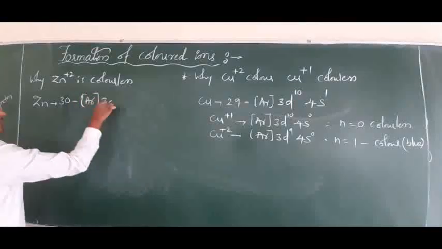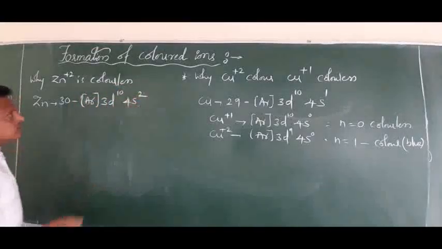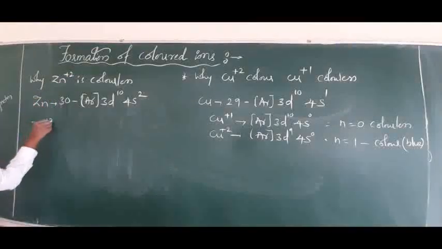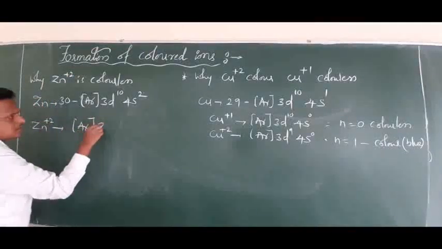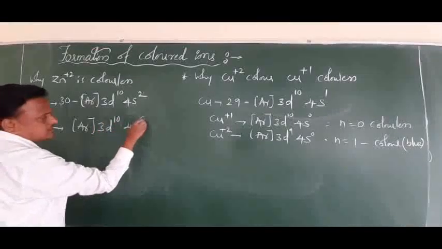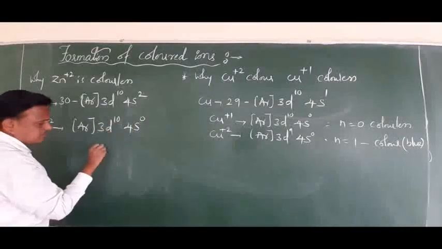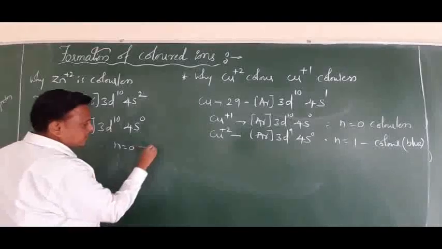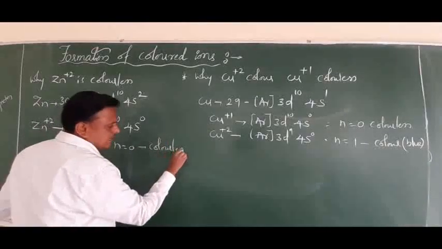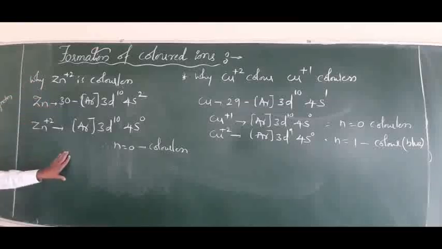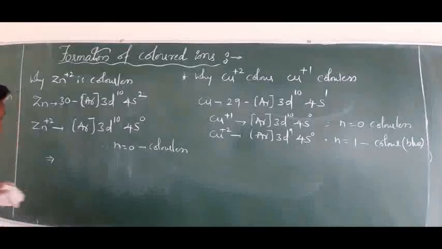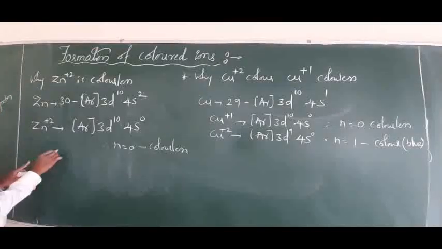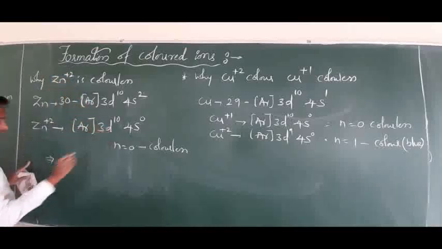Argon 3d10 and 4s2. Plus 2 stands for loss of 2 electrons. Argon 3d10 and 4s0. D10 system. Due to this reason, n is equal to 0. If n equal to 0, the compound is colorless. This is very important for 2 marks. If this question is asked for 1 mark, or in a competitive exam, you can give a direct answer. Why is zinc +2 colorless? Because the reason is D10 system.